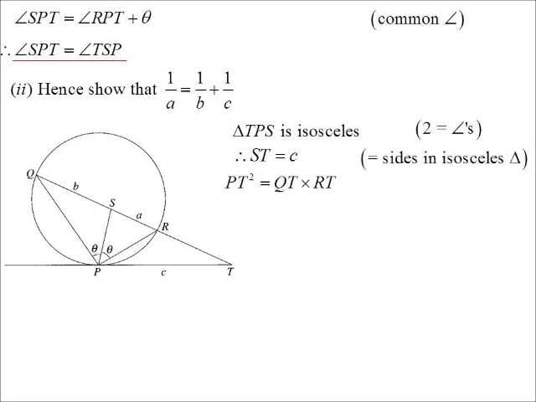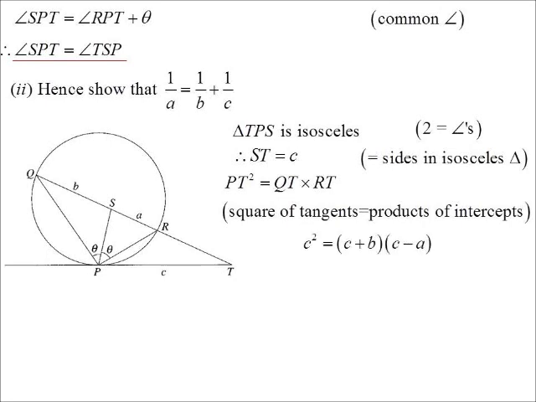Now, PT squared will equal QT times RT. That's our square of a tangent is equal to the product of the intercepts idea. So PT squared is C squared. Now, QT would be the same as C plus B. C plus B is in fact QT. Yep. And RT is C minus A. Right?